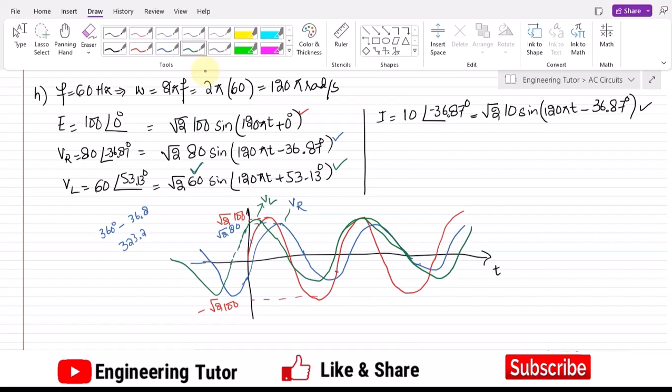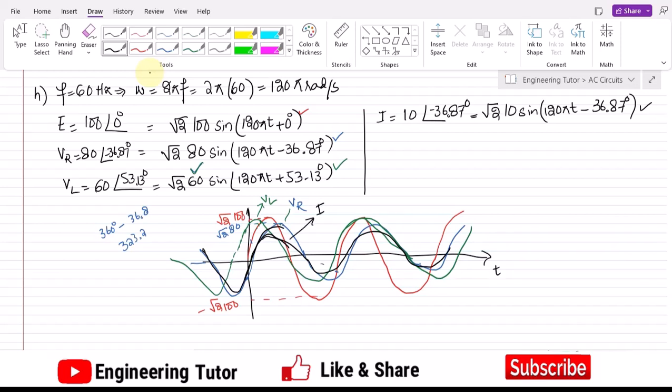Now the last one here is the current, which is in phase with the voltage across the resistor. So again this will be like this one. Okay, so that is the value of the current here.